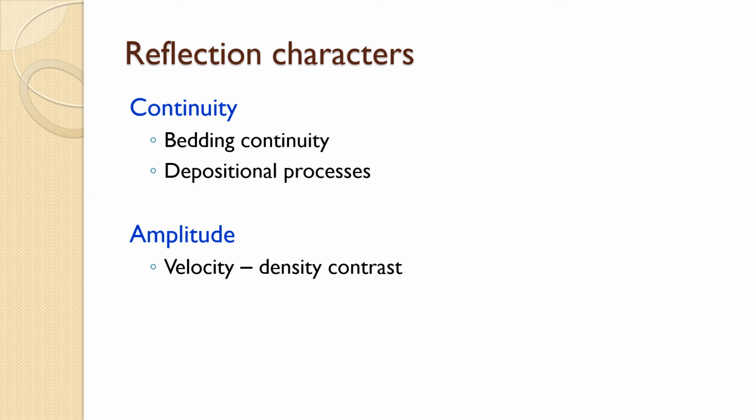And it is high when you have completely different velocity density contrast between two layers. And also the amplitude will give us an idea about the bedding spacing, and bedding spacing here means the thickness. Sometimes we call it the thickness of a specific layer or layers. And it will give us also an idea about the fluid.